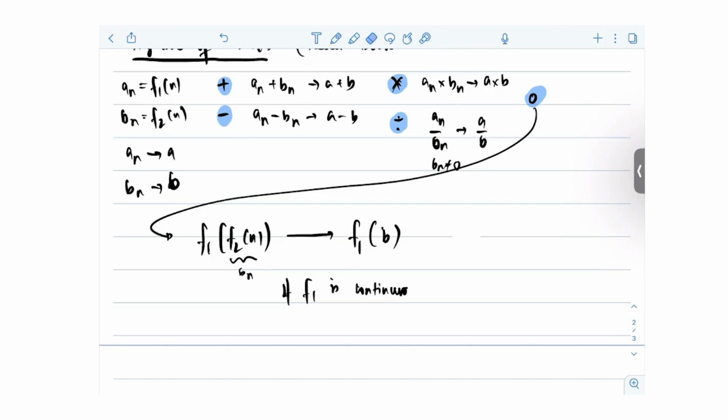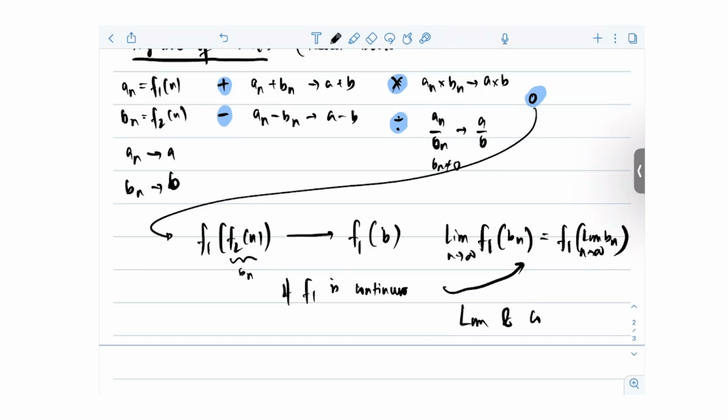That means the limit as n tends to infinity of f1(b_n) is equal to f1 of the limit. The limit goes inside the continuous function if this happens. There are other cases too, but this is the sufficient condition. So the limit and a continuous function interchange.